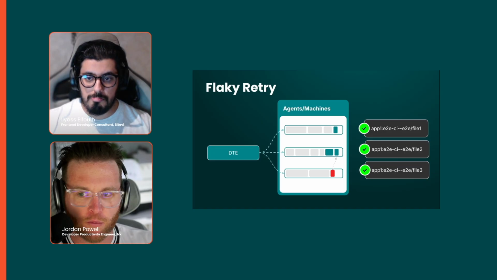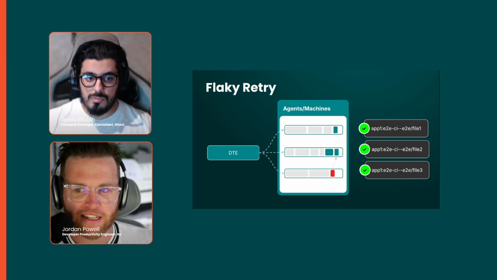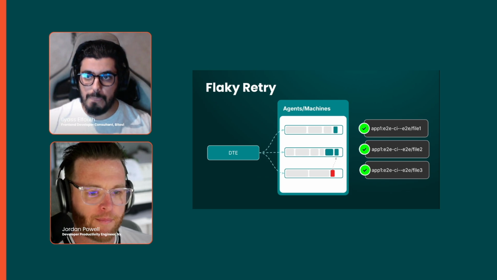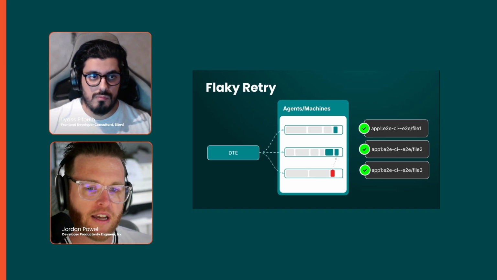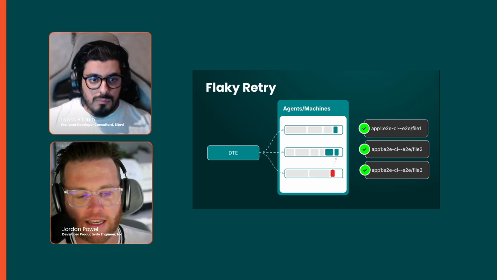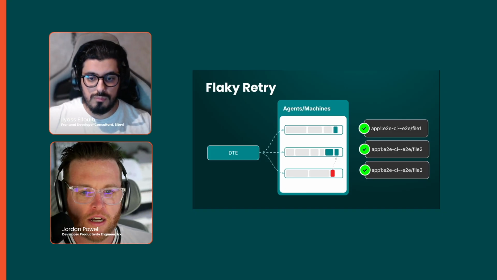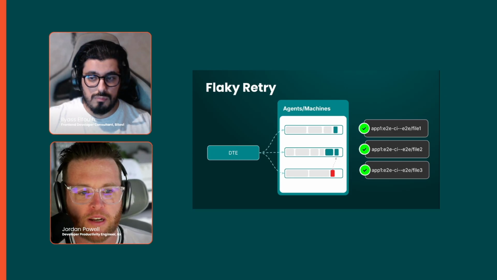So we don't have to spin up new agents, start a new CI run, reinstall npm, and so on. We get a much more accurate representation of that CI run and get to see this test pass. These are a few examples of how we can leverage Nx Cloud to really speed up our workflows.